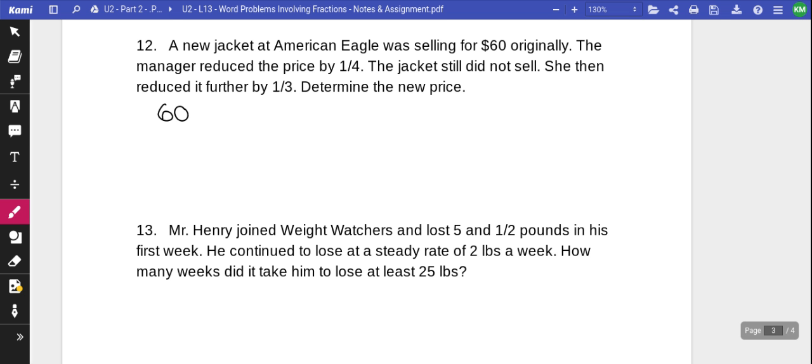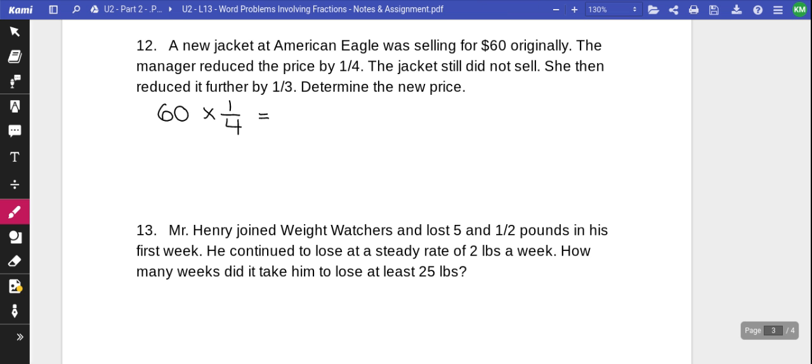So we have to make a choice as a class. Do you want to figure out how much she's taking off or how much is left? How much is left? Okay, both. If you want to do how much is left, go with your 3/4. I'm going to do how much she's taking off. So she's taking off 1/4. So 60 times 1/4 would tell me how much she's going to reduce that price by.